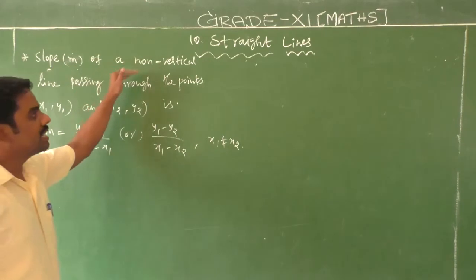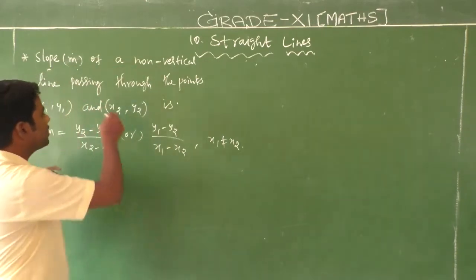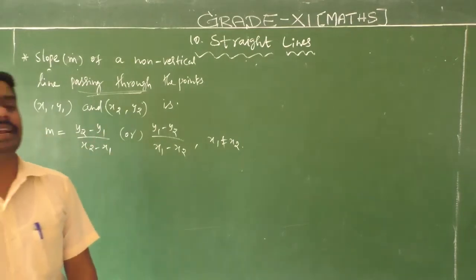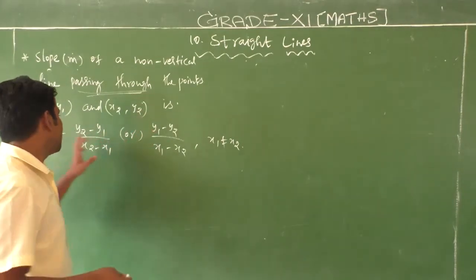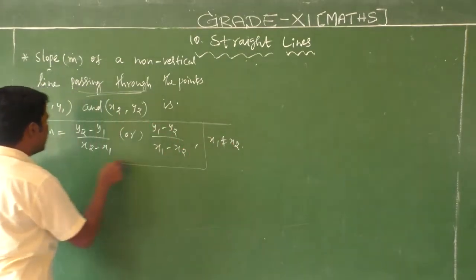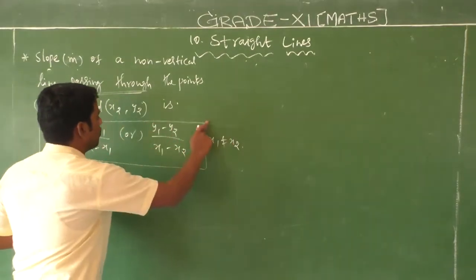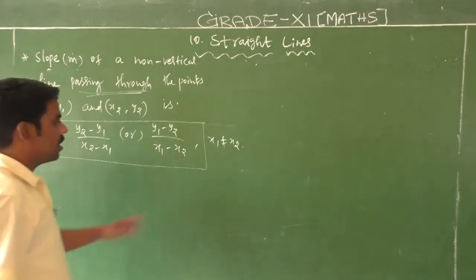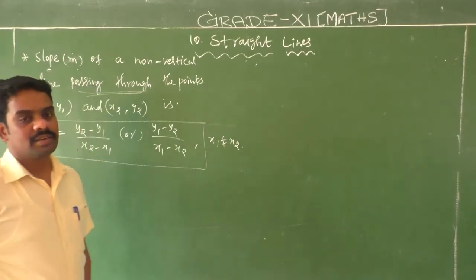Next, the slope of a non-vertical line passing through the 2 points x1, y1 and x2, y2 is m equal to y2 minus y1 divided by x2 minus x1. Here x1 and x2 are not equal.